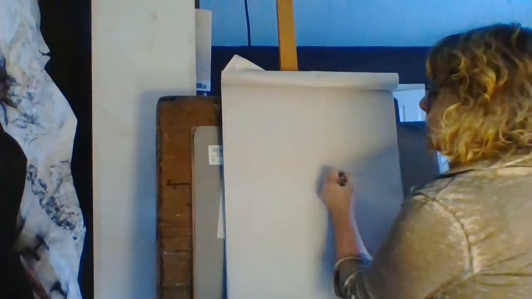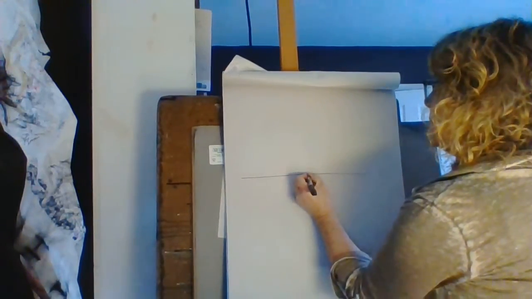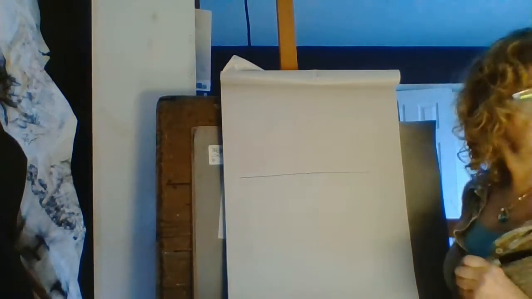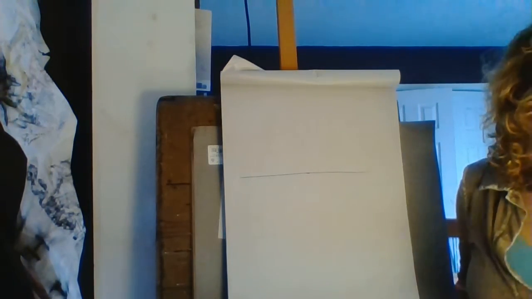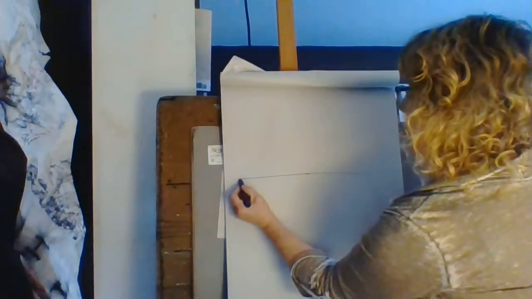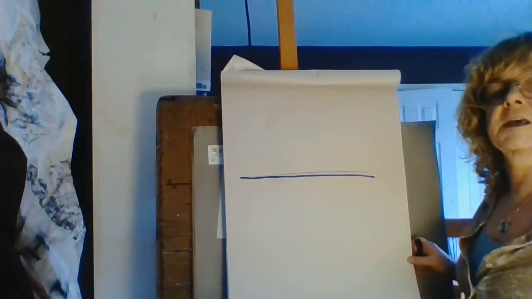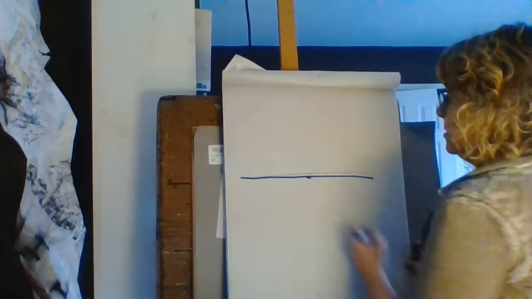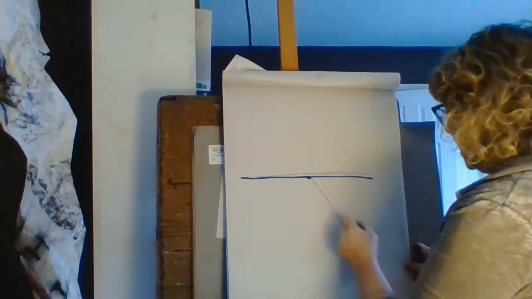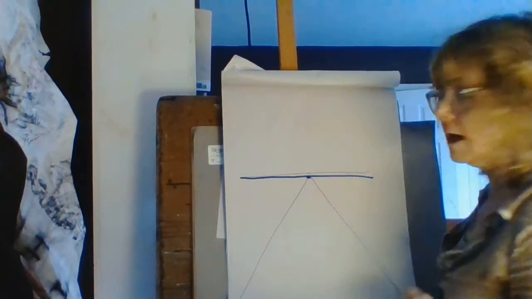Here's a horizon line, a vanishing point. All right, I wish I had like a really fat marker to do this with. Maybe I'll get like that purple one and we can see it a little better. Oh yeah, that's good. All right, vanishing point. Now, we take a line here and we take a line there.